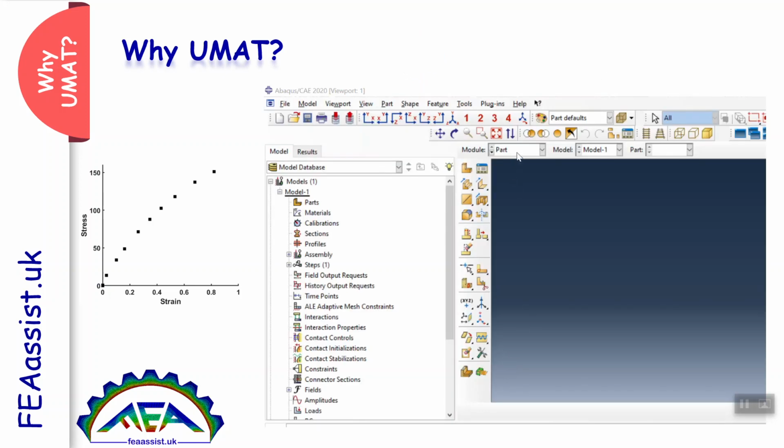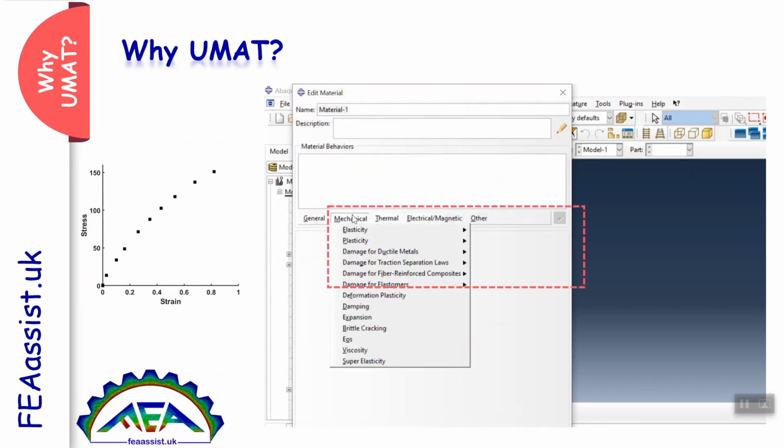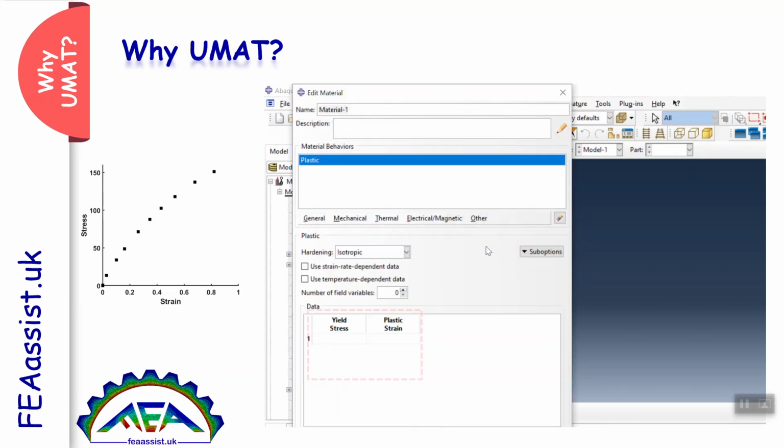You can easily go to Abaqus, to the property, define a new mechanical behavior, plastic behavior, and enter those points like this. This is the simplest way of solving the problem. But it is not precise because Abaqus interpolates between these points and solves the problem in all points.